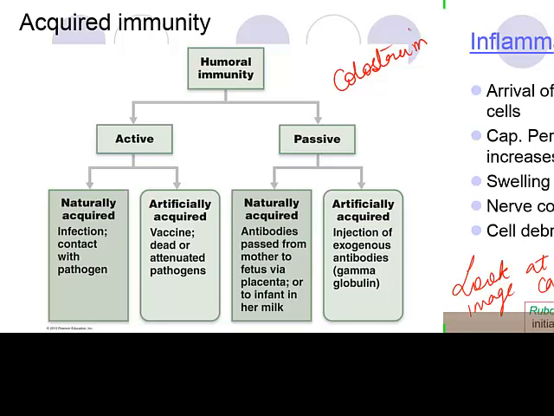Artificially acquired passive immunity is when you're artificially giving immunoglobulins or antibodies or gamma globulins or immune serum, and this is done when you quickly want to establish immunity. So imagine someone is bitten by a rabid dog. You cannot wait to give a vaccine which will start developing antibodies, because remember, that takes some time.